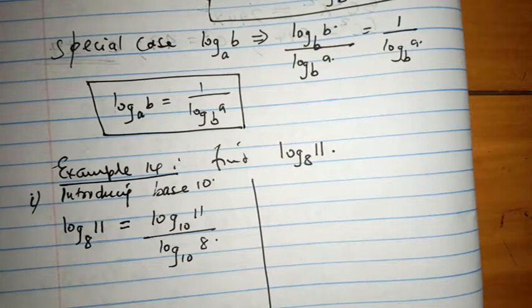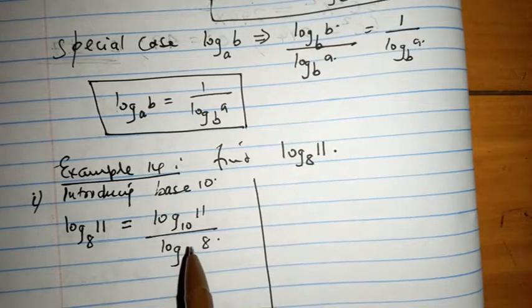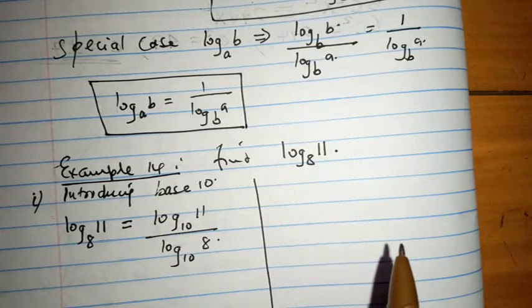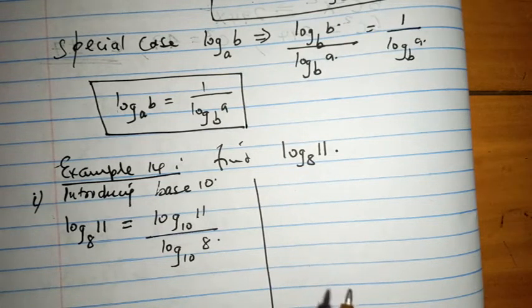Now this one goes without saying. If you get the calculator whose base is automatically base 10, then you will be able to see the final answer to that particular calculation.